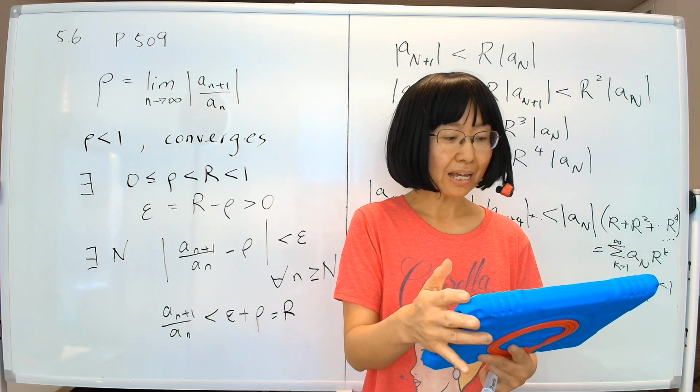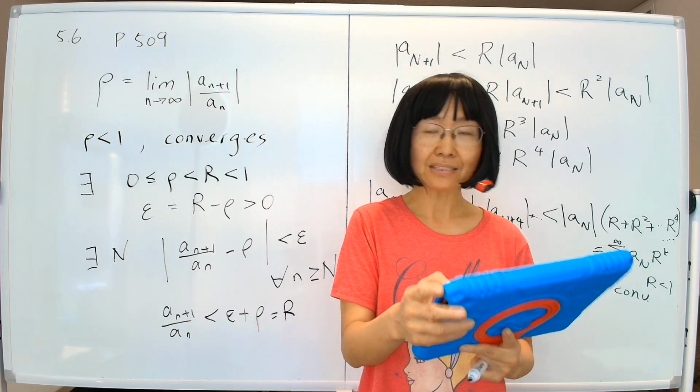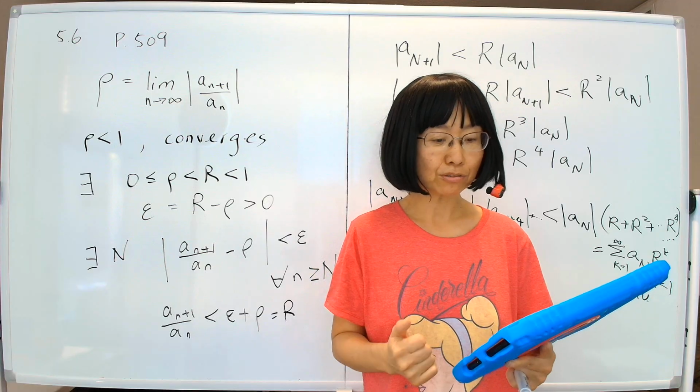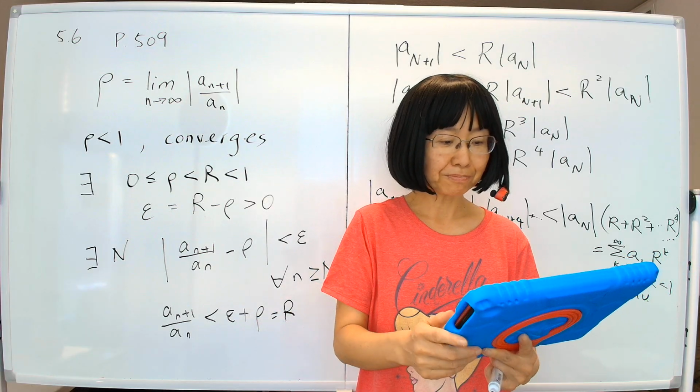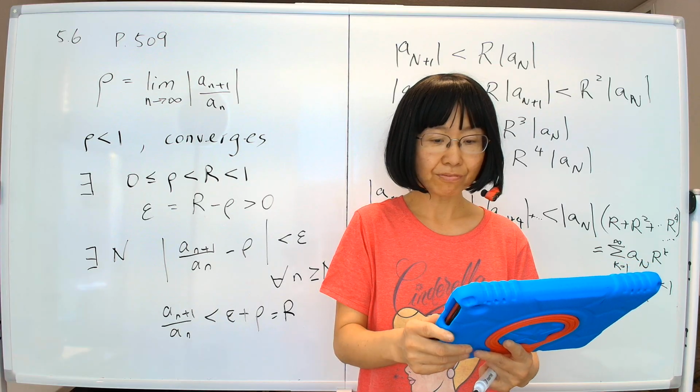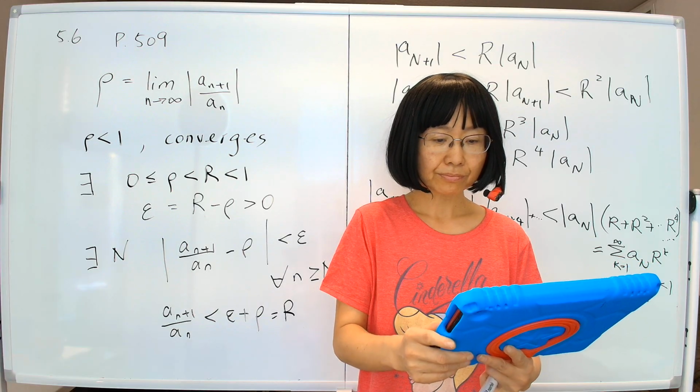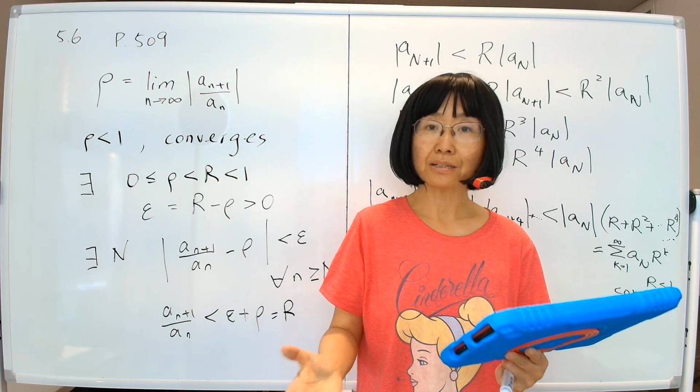Now, the last sentence of the theorem is that if rho equals 1, it doesn't say anything. Why? Because we can, for example, consider the p series.